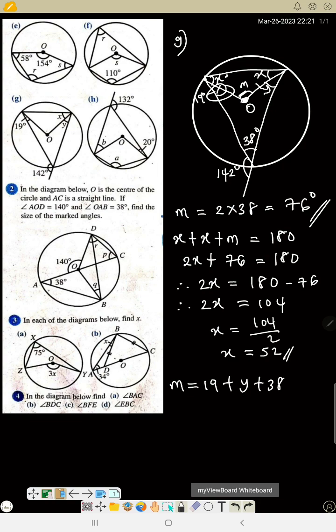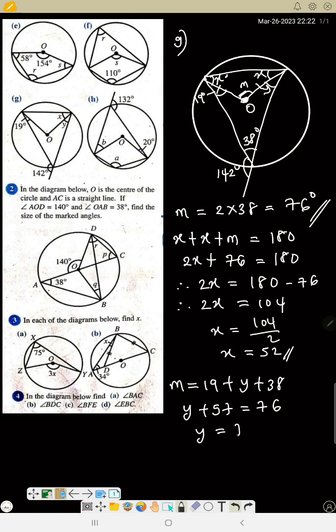So now y, and what is M? We know M already. M is 76 degree. So that means y plus 19 plus 38, so that's 57, is equal to 76. Remember, M is 76.